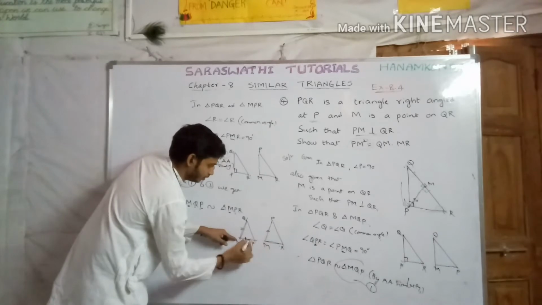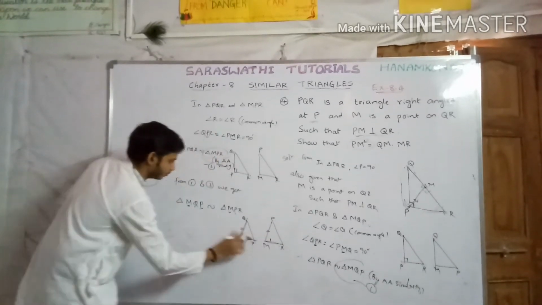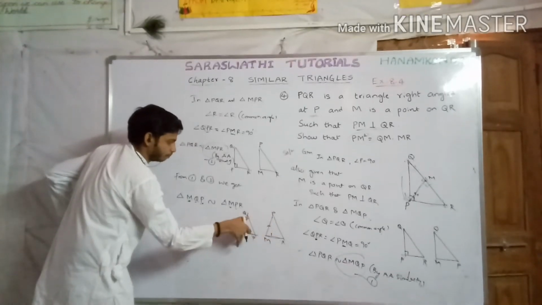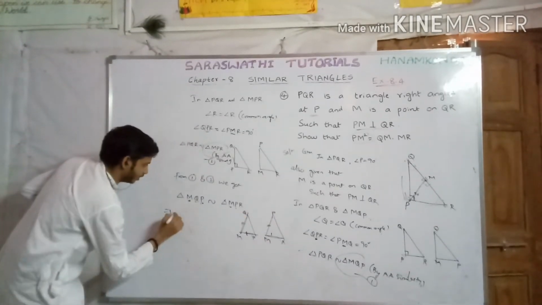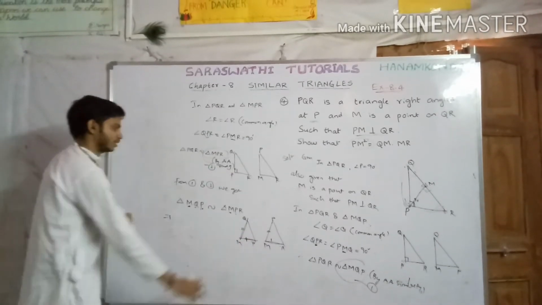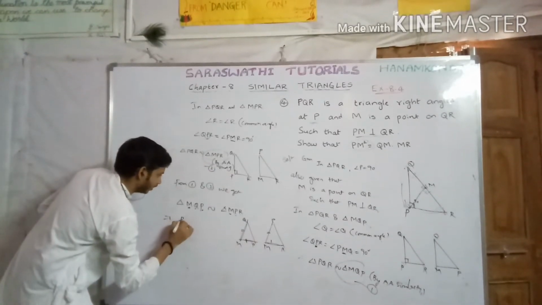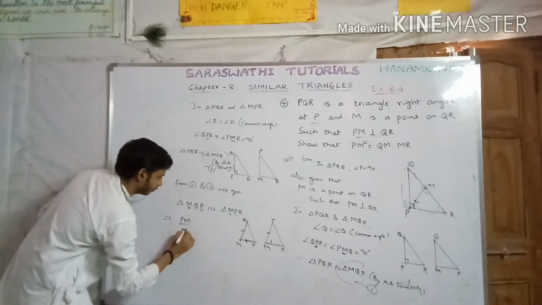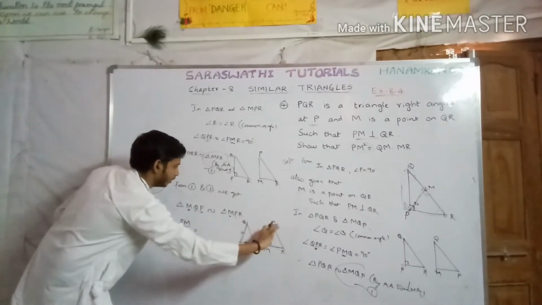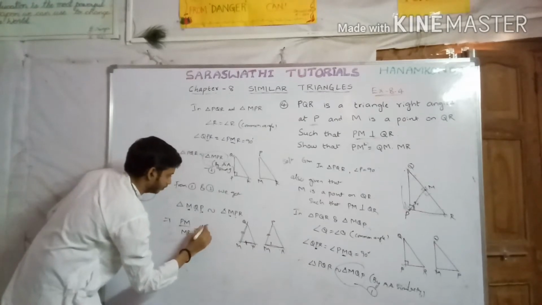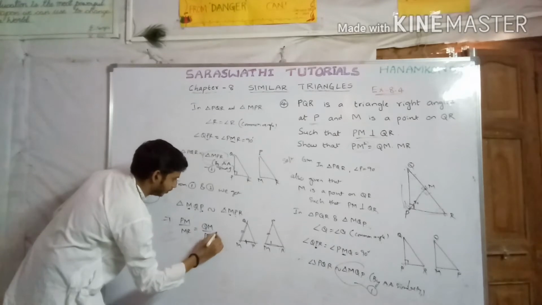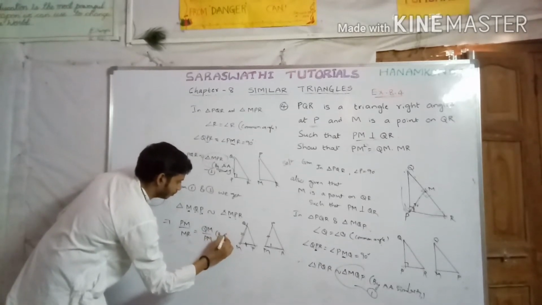It implies PM by MR equals QM by PM, by similarity.